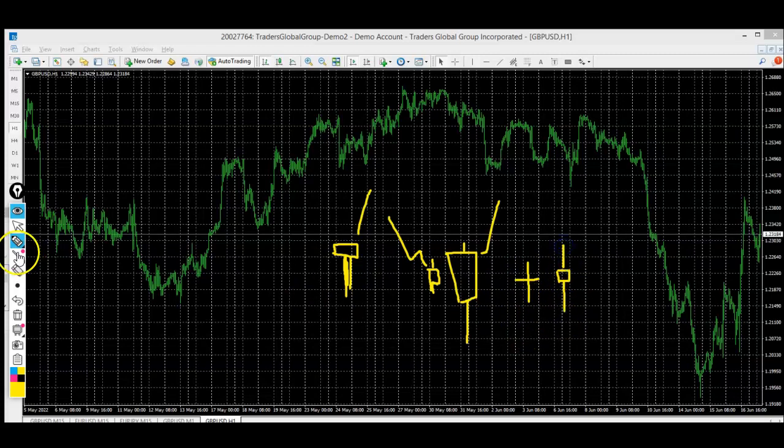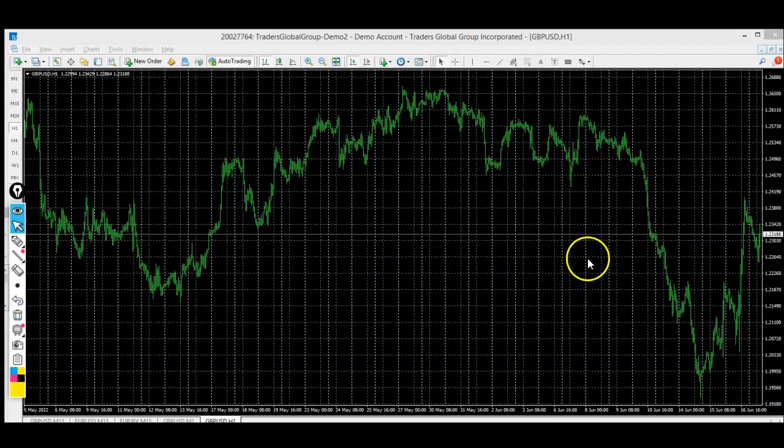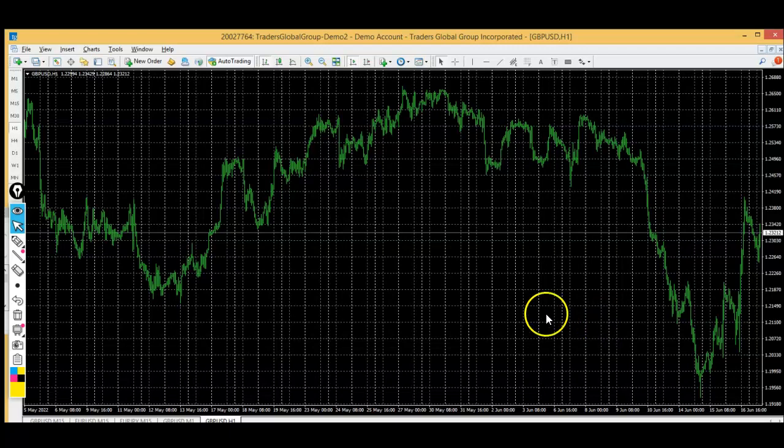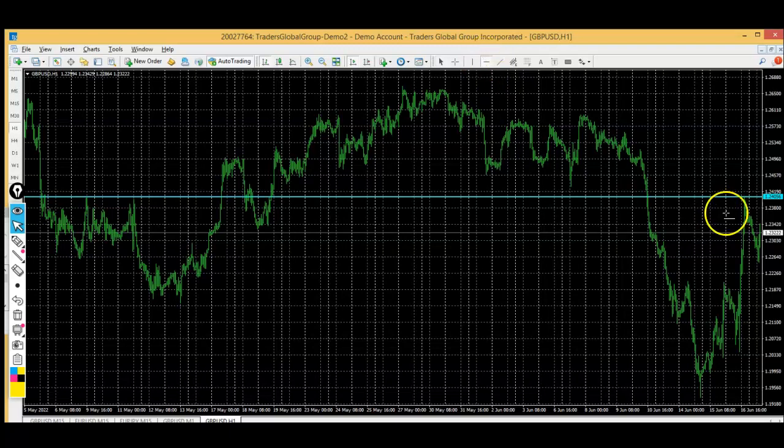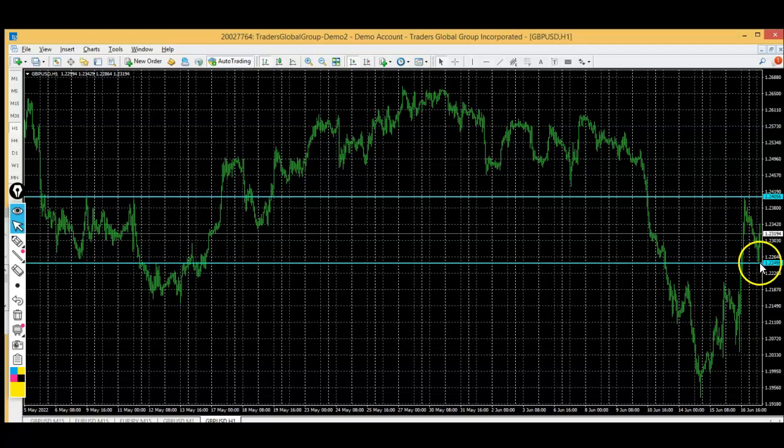The next thing we said we need to put in perspective is support and resistance levels, that these things are likely to turn. On this chart right now, this is the pound USD. If we put those turning points, see price came all the way up here, and then it turned. Then it came all the way down and it turned.